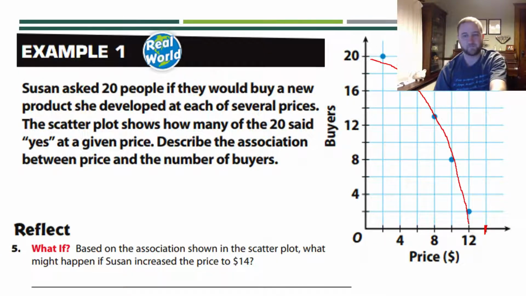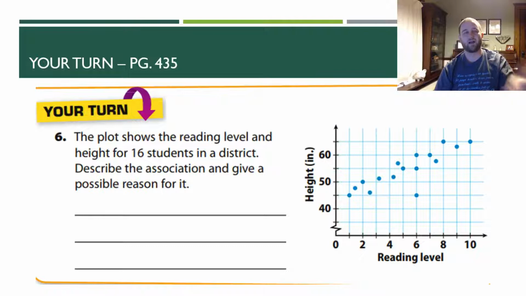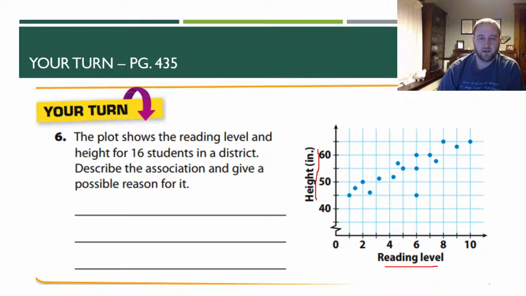All right. What I want to do, this is the last thing. I want you to go ahead and try this one on your own. It says the plot shows the reading level and height for 16 students in a district. So the reading level compared to the student's height. It kind of shows what's happening here with the reading level as a student gets taller.